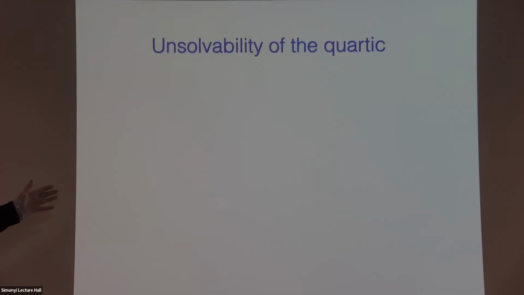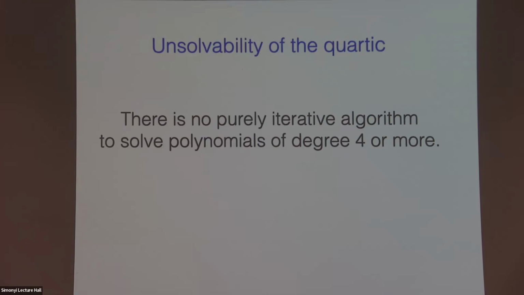By the same token, this rigidity theorem implies there is no reasonable way, in this very restrictive setting of iterating one rational map that depends algebraically on the polynomial, to solve polynomials of degree 4 or more. And the reason is the attractor of such an algorithm would be the four roots of the polynomial. They have a non-trivial cross ratio.